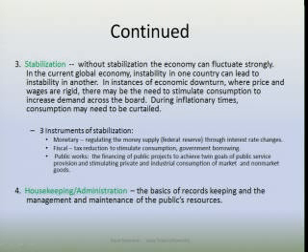There are 3 instruments of stabilization: monetary policy by regulating the money supply; fiscal policy by using taxes, tax reduction to stimulate consumption, or in the current case, the government borrowing money to stimulate activity by paying for public works. The third is financing public projects to attain the twin goals of public service provision. Roads are good. Flood control is good, as well as stimulating private and industrial consumption of market and non-market goods.